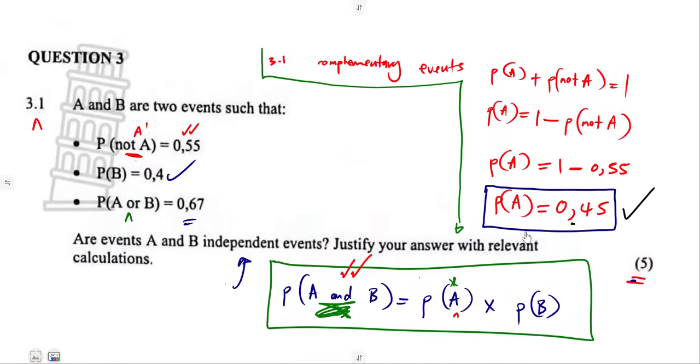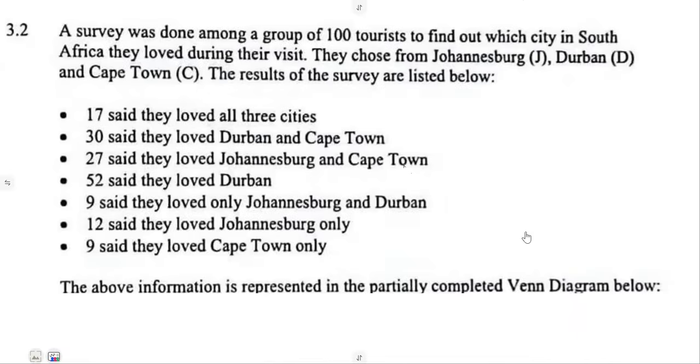All right. On another section, we are given that a survey was done among 100 tourists. They were asked which city in South Africa they loved during their visit. They chose from Johannesburg, Durban, and Cape Town.